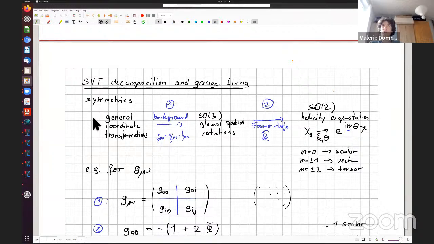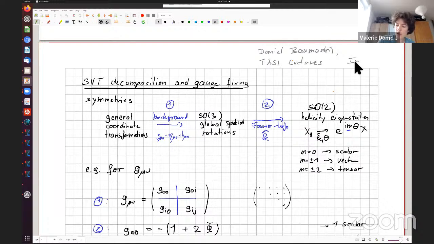It goes under the name of cosmological perturbation theory, and I honestly haven't found a perfect reference, but a good place to start reading about this would be the TASI lectures by Daniel Baumann. There's one on inflation and one called cosmology or something like that, and they both have it in the appendix. I found those useful.